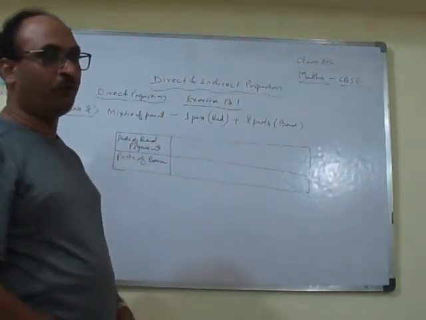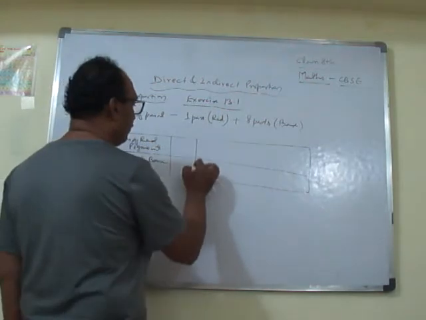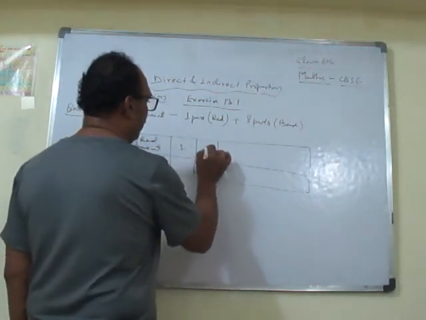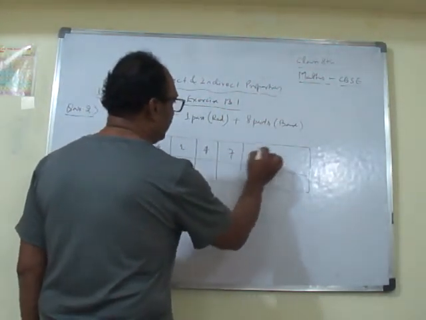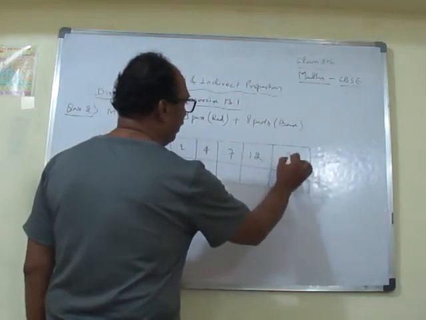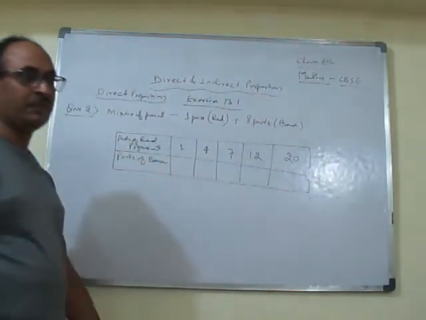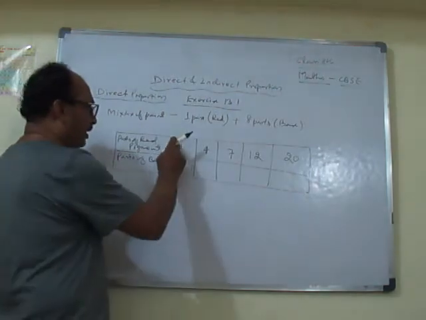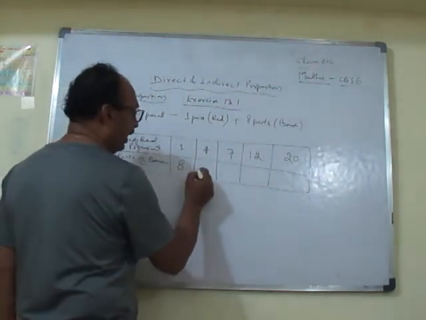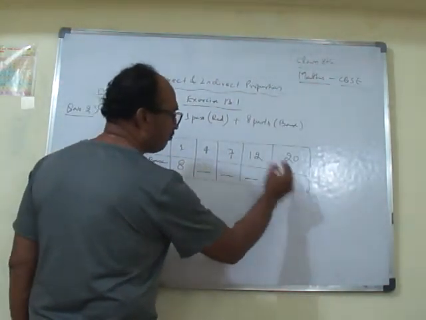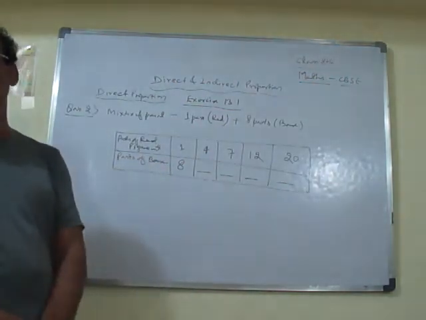We are given 1, 4, 7, 12, 20. We are also given that 1 is to 8, and here it is blank. We need to find it.